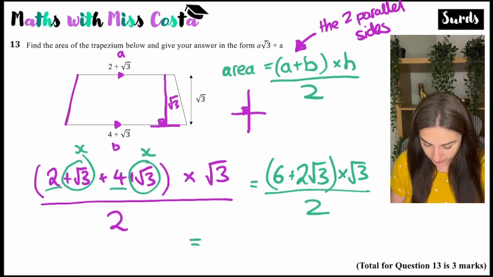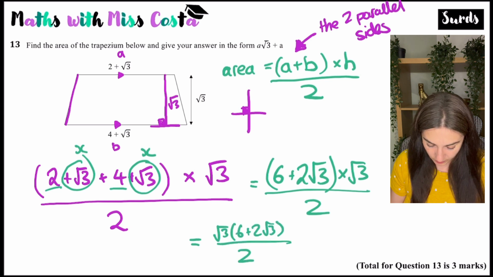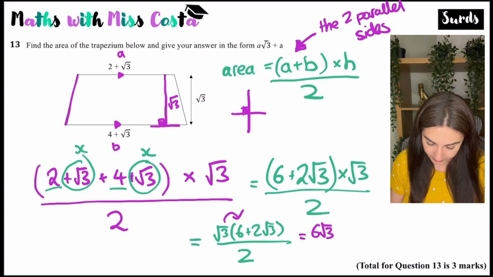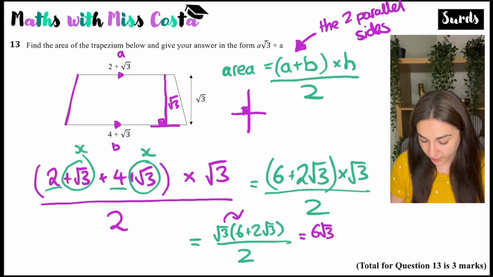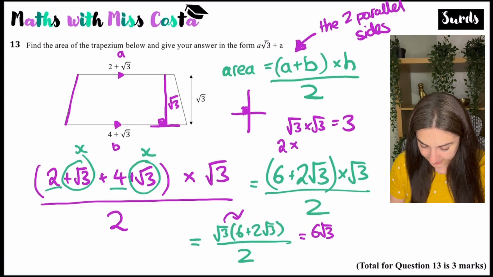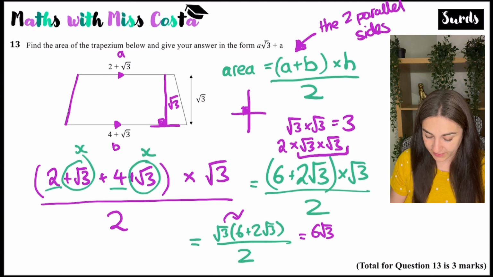So root 3, let's put it like a bracket. Root 3 times by 6 is just going to be 6 root 3. And root 3 times by 2 root 3, hopefully you remember that a surd times by itself is its unsurded self. So that's the same as saying 2 times root 3 times by root 3, so this is just going to become 3.